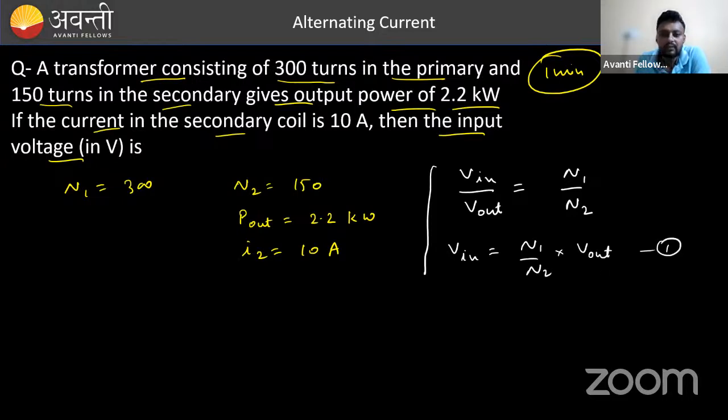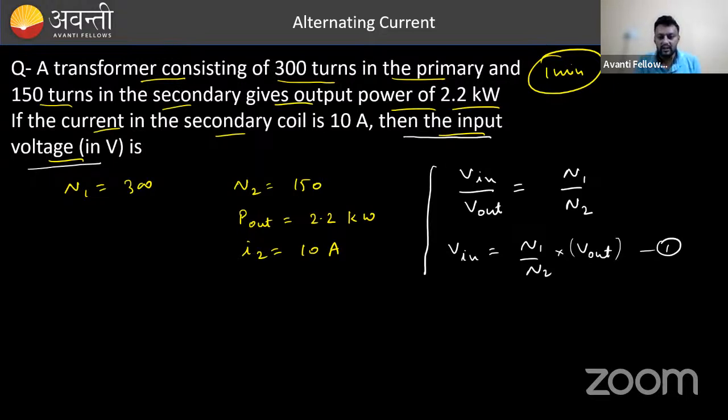So what is your primary focus? Your primary focus is now to calculate V out. Just don't look at the question, look at the approach. Most students suffer from one thing: sir, where do I need to start, from where should I start? So there is no problem. They are asking for the input voltage. So look at the transformer and find a relation which involves input voltage.